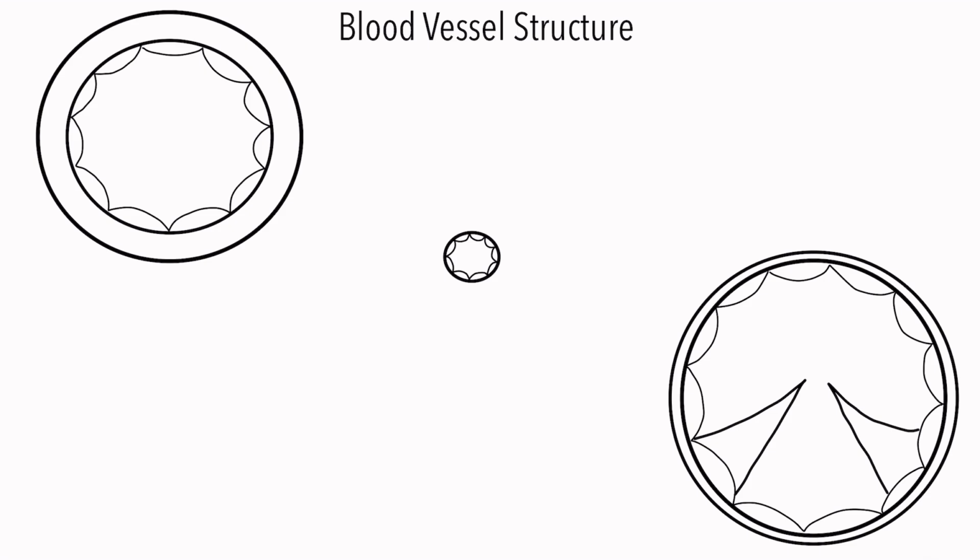Now that I've shown you how the blood flows through the systemic circuit, let's look at the structure of these different kinds of blood vessels, because they are different. Arteries and arterioles are designed to withstand high blood pressure.